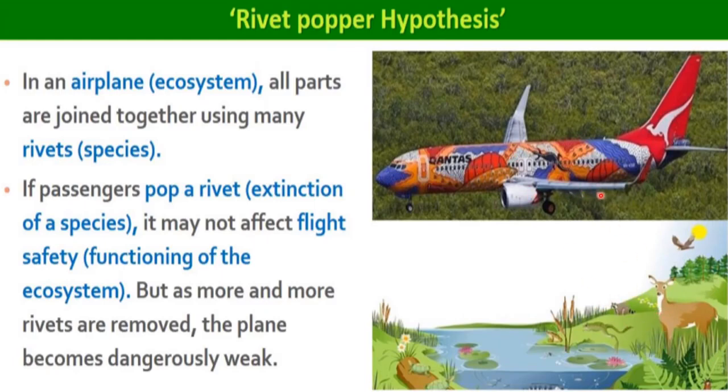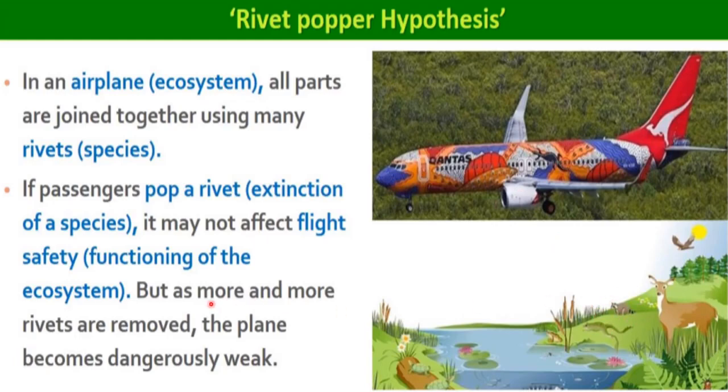Rivets are present in an aeroplane. Likewise, species are present in an ecosystem. Now, if passengers pop a rivet, it means extinction of a species. Popping a rivet from the aeroplane is similar to the extinction of a species from the ecosystem.